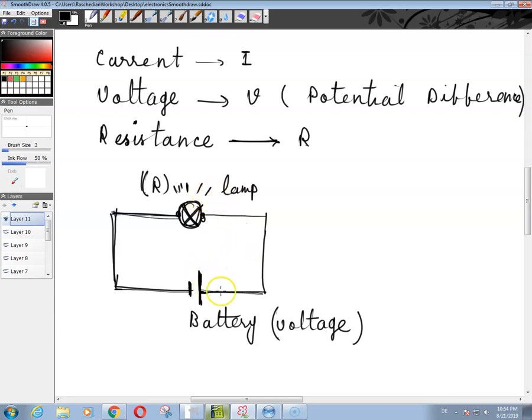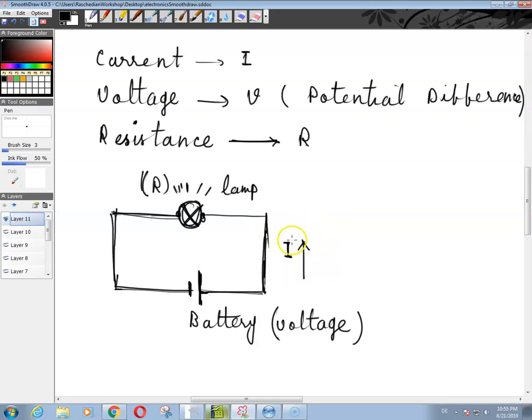Now, as a result of those electrons just moving in this circuit, there is some aspect of electrical and electronic circuits present in this circuit, which is called a current. We say that the current is flowing through the circuit.